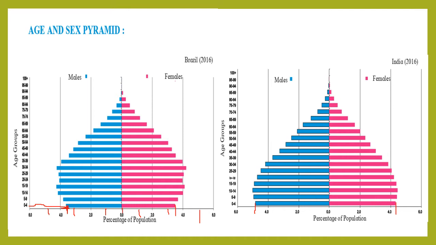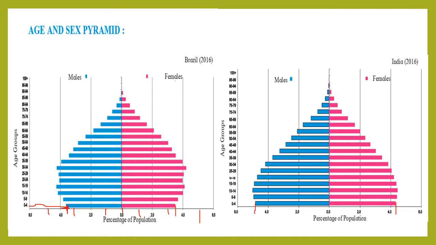Whereas in India we have more young people, as it was told in the previous chapters also, that India is a young country, or a young populated country. So in India we have three age groups.